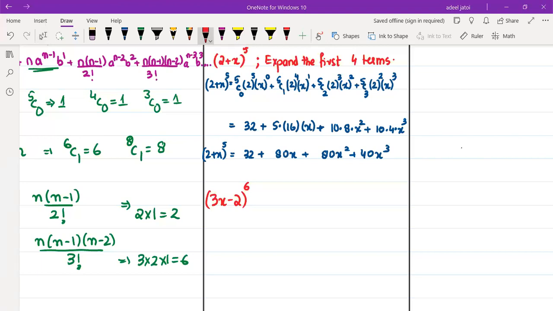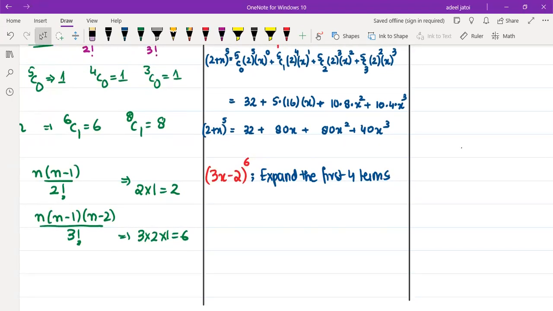Okay, here we have another question, (3x minus 2) to the power 6. So let's open this, the first 4 terms again. Expand the first 4 terms.